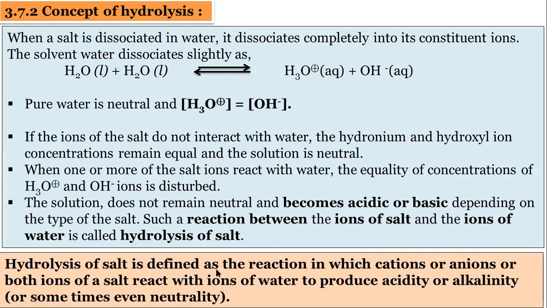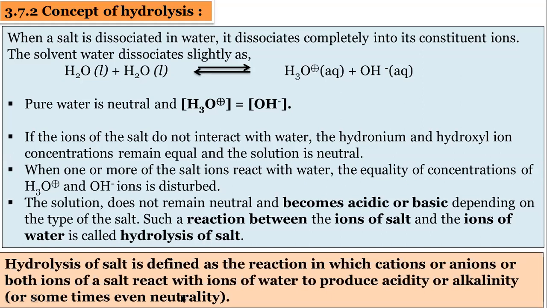Hydrolysis of salt is defined as the reaction between cations or anions, directly we can use the word ions, of the salt and the ions of water to produce acidity or basicity, or sometimes even neutrality.